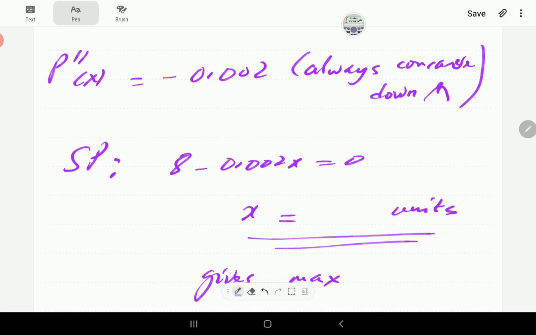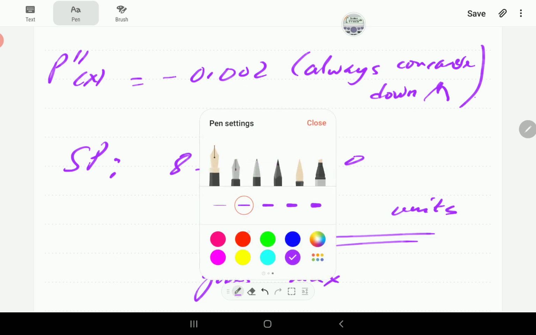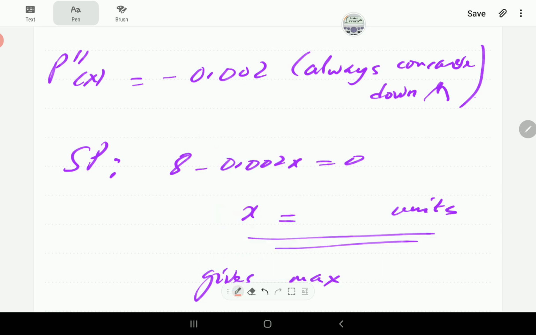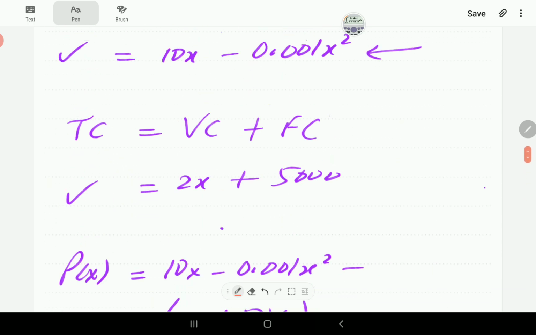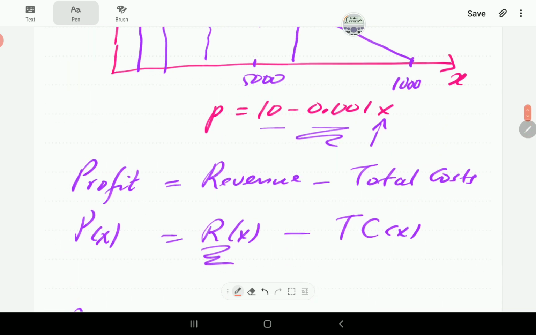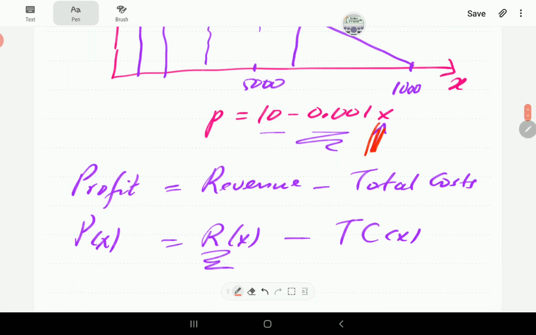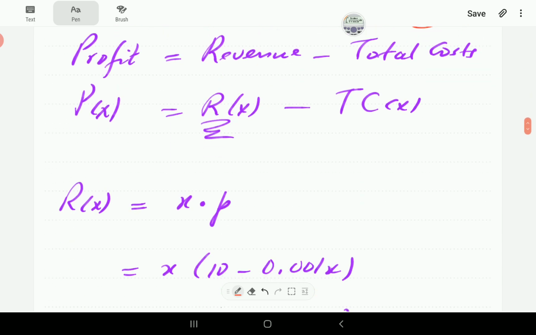So make sure you correct it even in a book. This is 4,000, right? So if you plug in 4,000 here, then you find that the price that he has to set for the maximum profit is 6 emalangeni per unit. All right, so that brings us to the end of that example.